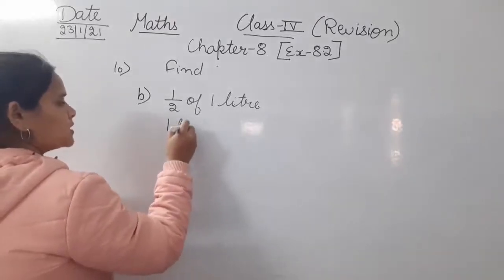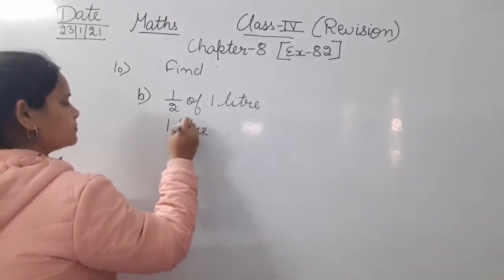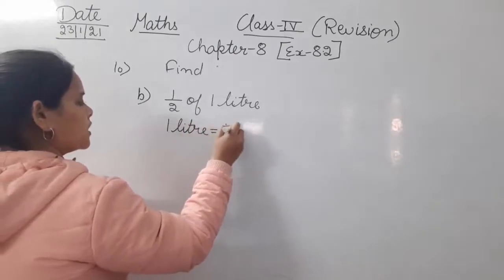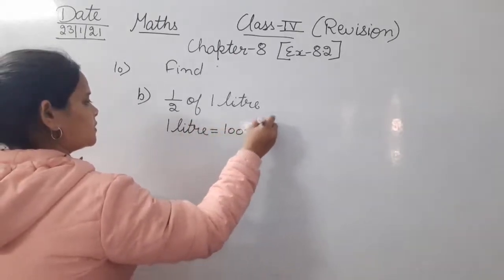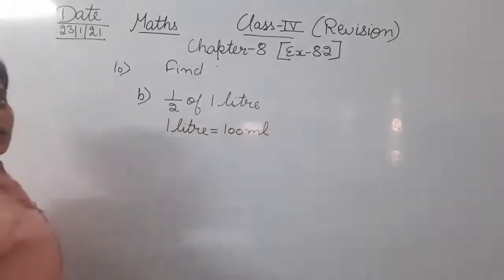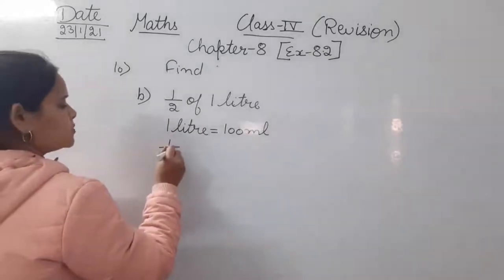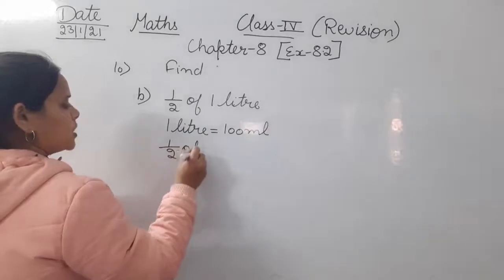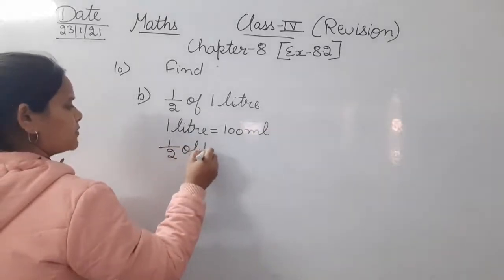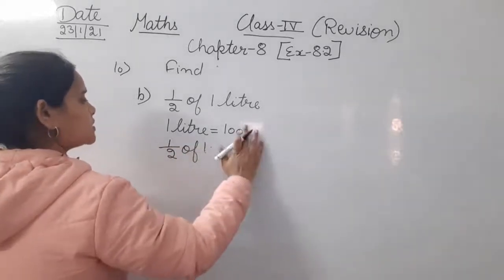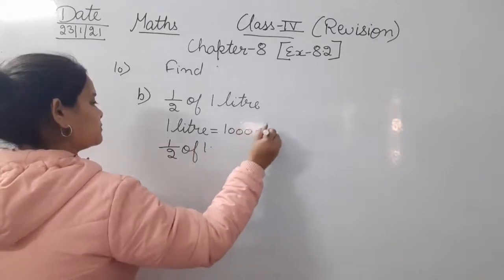So 1 liter is equal to 100 milliliter. Sorry, 1 liter is equal to 1000 milliliter.